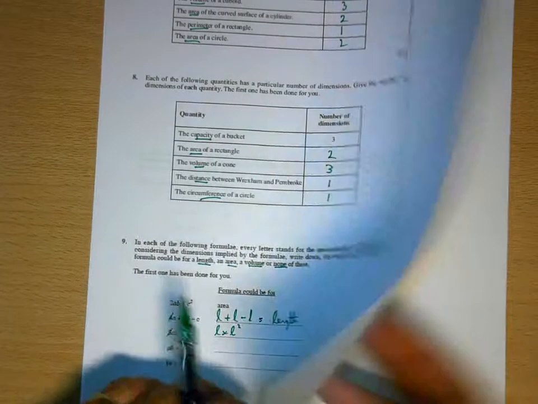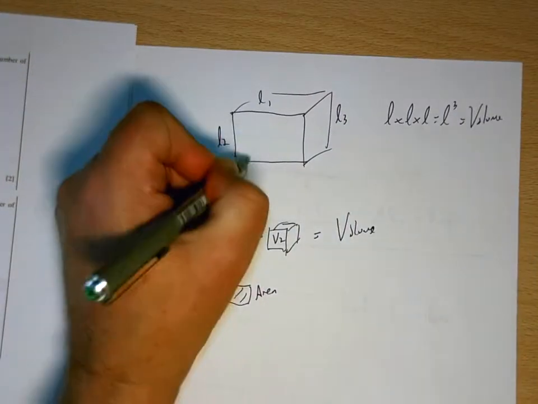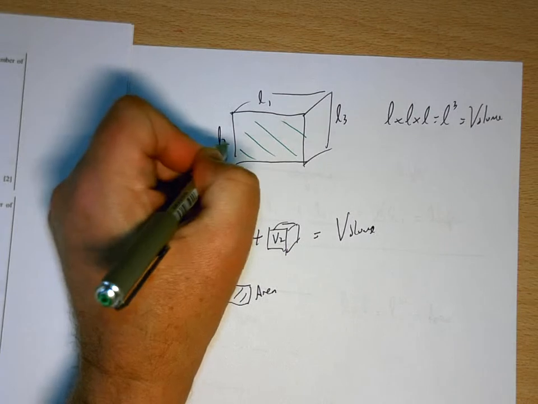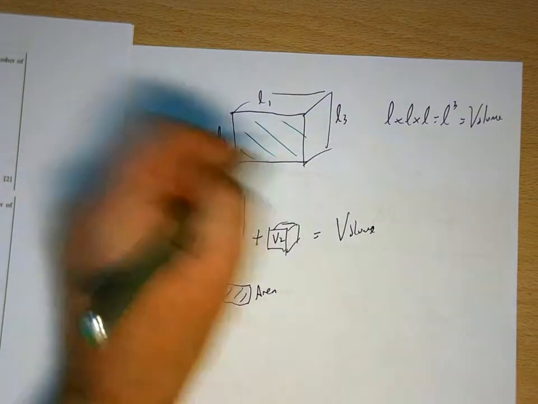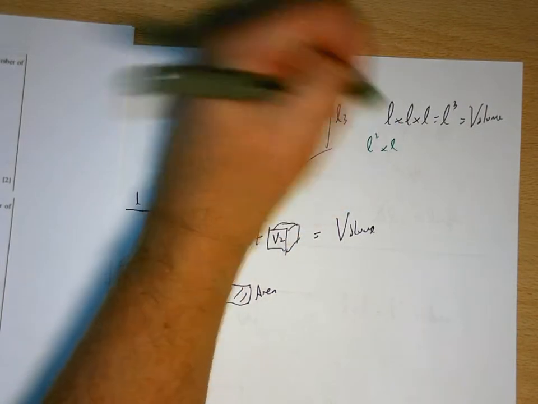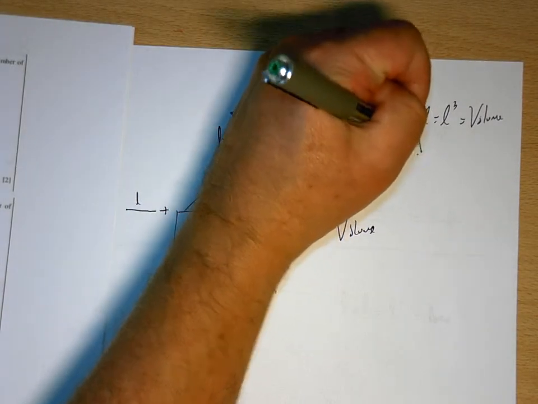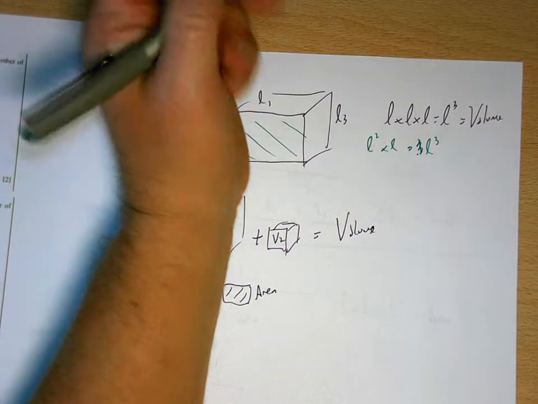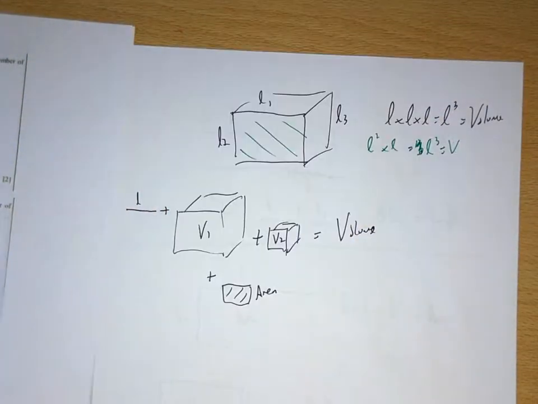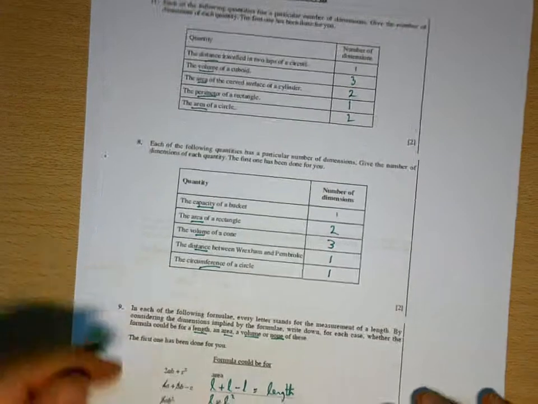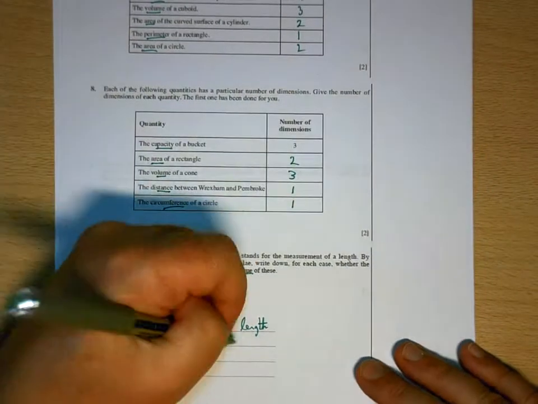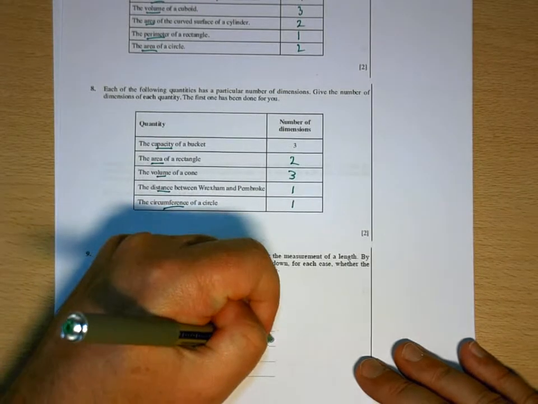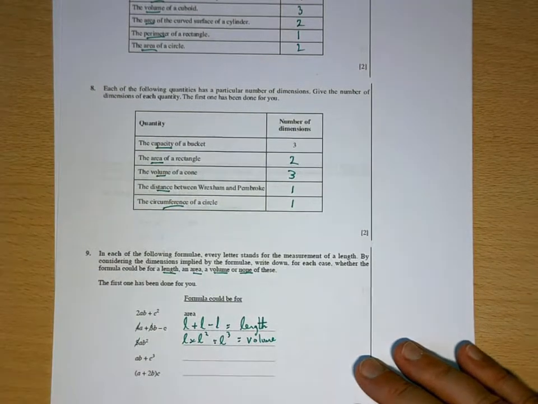So if I go back to this example, that there is length times length, which gives us the area of a cross section, which we're multiplying by another length. So length squared times length gives us length cubed, which is volume. So length times length squared is length cubed. Length cubed is volume.